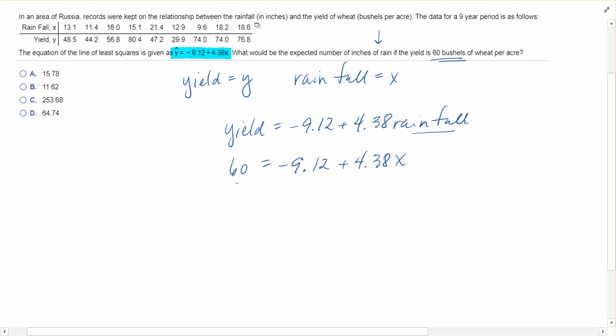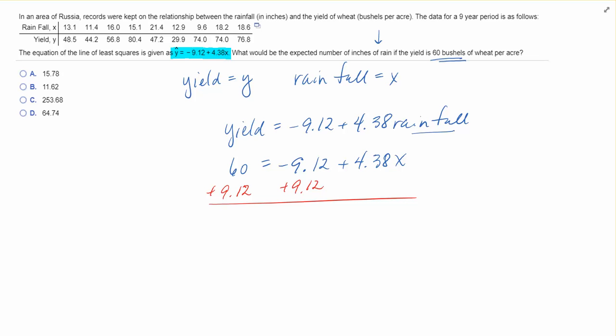So I'm going to add 9.12 to both sides, because that's how I would solve this equation. And I would get 69.12 is equal to 4.38x, because at this point now I want to divide both sides by 4.38.